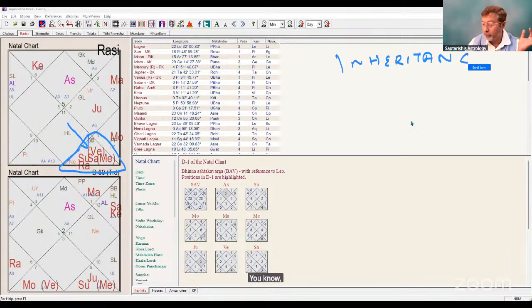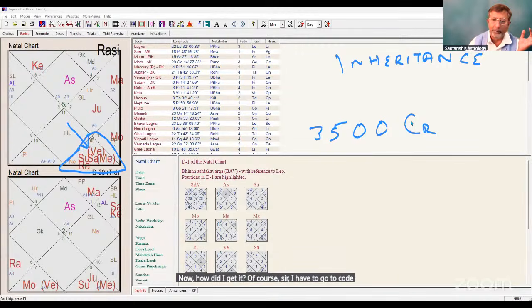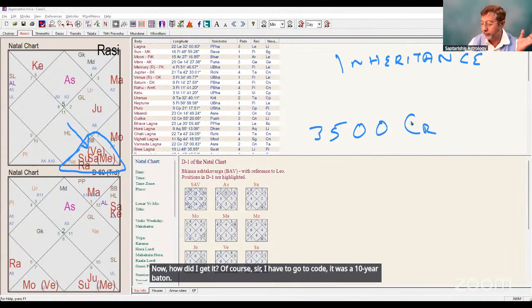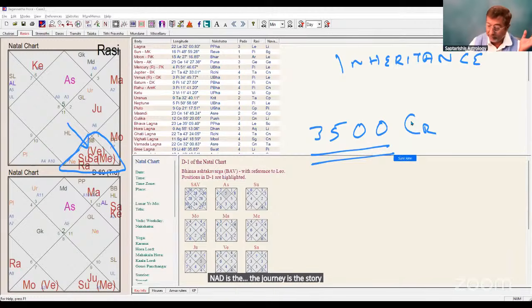Now some people will be strange and say, sir, I got 3,500 crore worth of inheritance. How did you get it? Of course, sir, I had to go to court. It was a 10-year battle. That journey is the story of your life, not what you receive at the end of the day.